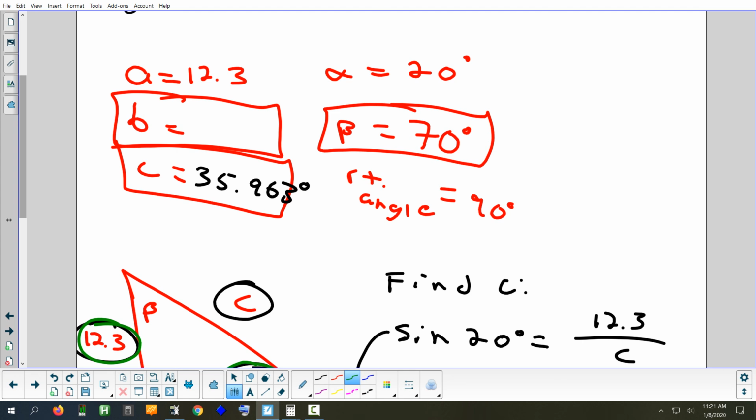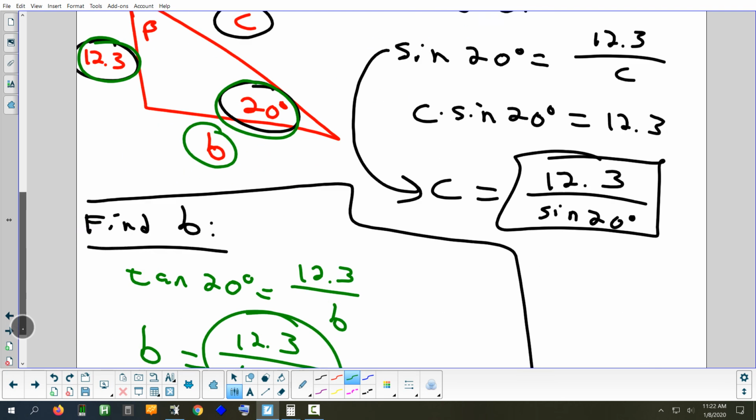So it's got to be bigger than 24, but it can't be too big. B couldn't come out to 1,000, because then if you added A and C together, it wouldn't be bigger than B. So I can tell you that B is bigger than 24 and smaller than 48. Otherwise, it wouldn't make a triangle.